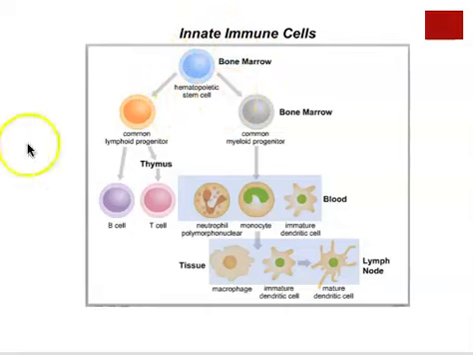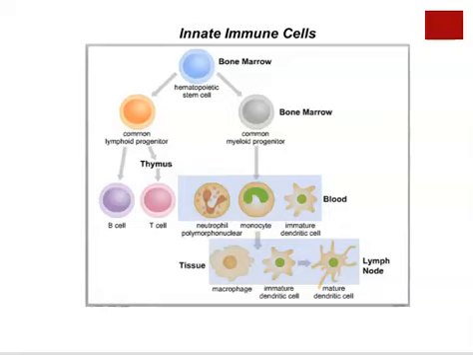Now, if you're not familiar with the term stem cell, what it describes is a cell that, when it divides, doesn't produce two identical daughter cells. It produces one daughter cell that will go on to mature and become a specific type of cell.